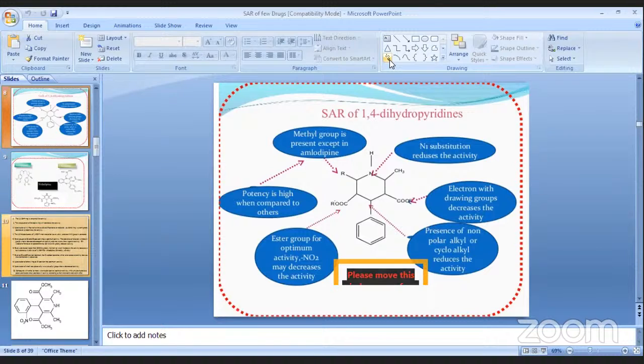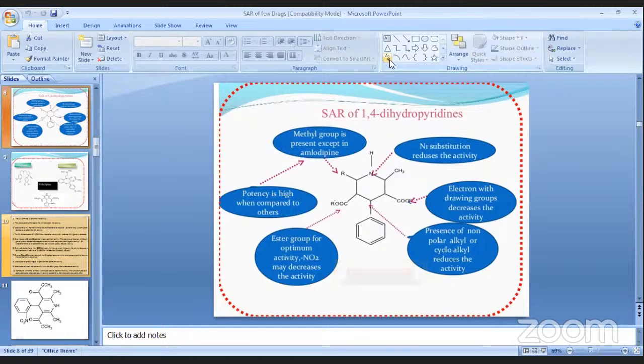So the 4 position is another very important position of the 1,4-dihydropyridine. It carries an aryl group. If you add a benzene ring, and if you add any polar group or cycloalkyl group, then there will be a decrease of activity. The benzene ring is also substituted with NO2, that is a nitro group.